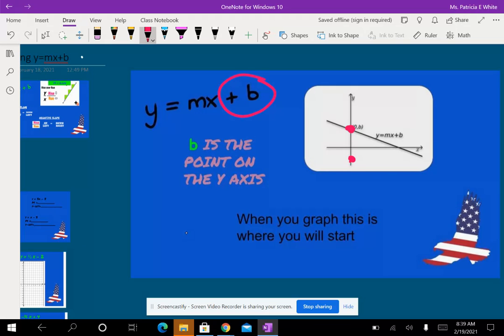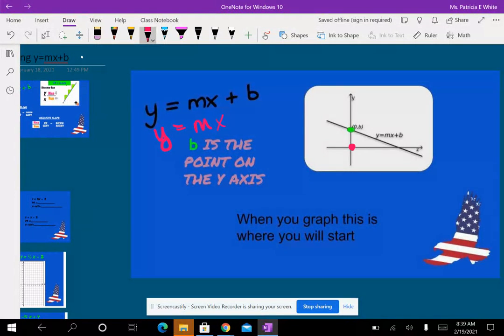When I'm graphing from this equation, that b is so important because that's where I'm going to start. That's not where my graph begins or ends, but that's where I'm going to start to create my graph. And if there isn't a number there, maybe the equation is just y equals mx, then my point to start is going to be right there.